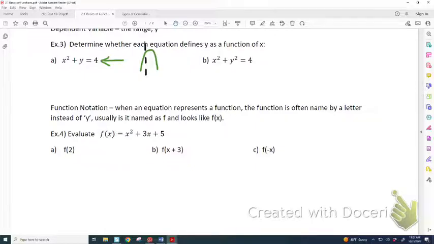So we want to say yes, it only crosses once. On part B, it makes a circle, and this one crosses twice. So that's a no. It crosses twice.